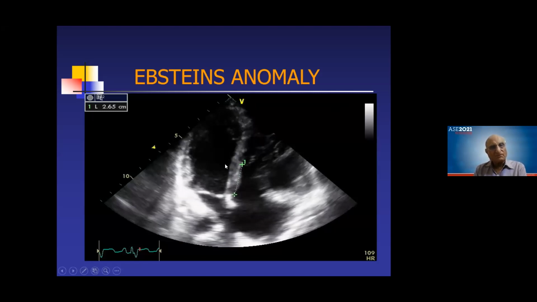The normal being about 8 millimeters per meter body surface area, or if you want to go by quantitative values, maybe about 10 to 15 millimeters at maximum, whereas here it is 26. So you measure from where the anterior leaflets are to the annulus. So this is one feature of this.